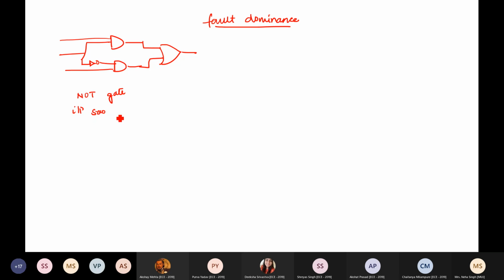Input stuck at 0 is detected with input stuck at 0 will be detected as 1 0. So your input will be 1. The output stuck at 0 is detected with input set 1.